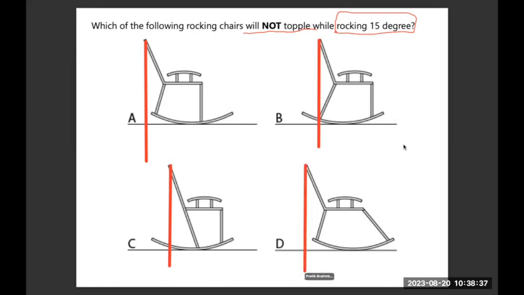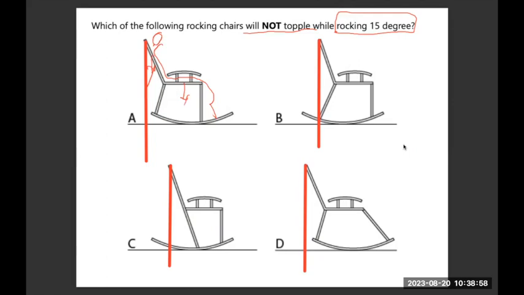Now, can you tell me which of these won't topple down? Because I'm going to put my headrest here. B and C. I'm going to put my head on the back side, which is, of course, pressure, and all these points will be under some pressure.